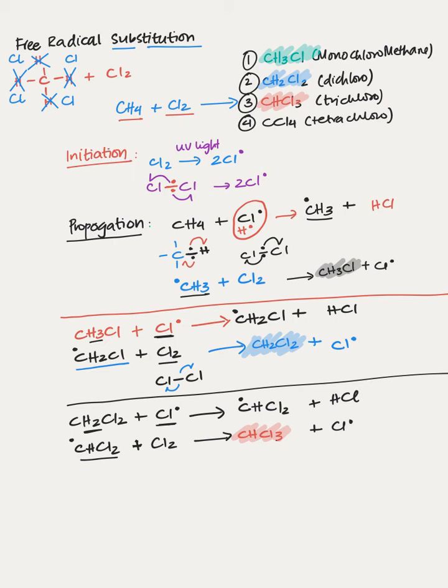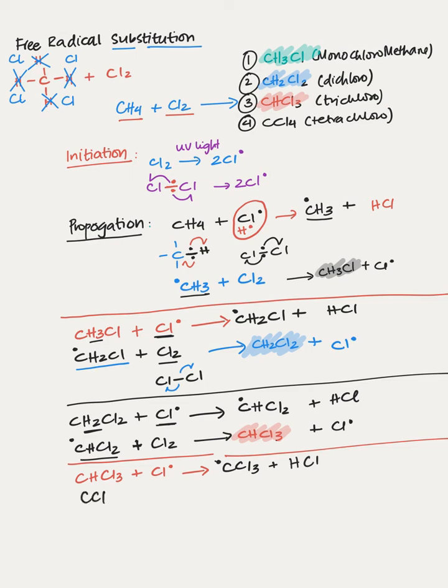Then you can further have propagation, where the last hydrogen that's left, that is CHCl3, reacting with the Cl radical to give CCl3 radical, and the H that is given off as a radical will instantly join with the Cl radical to give HCl.